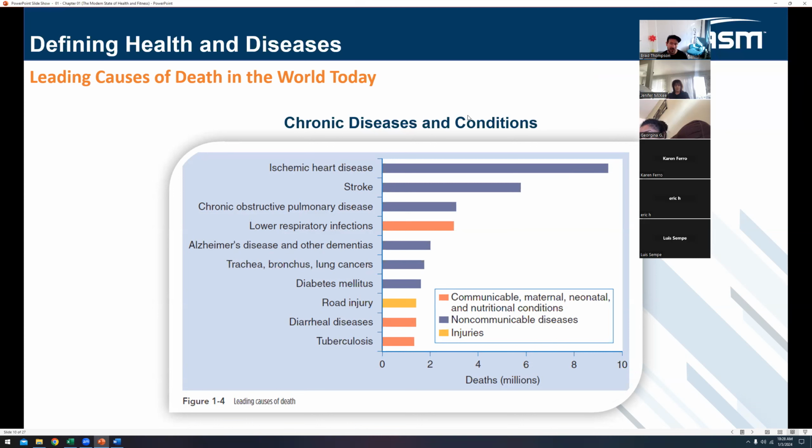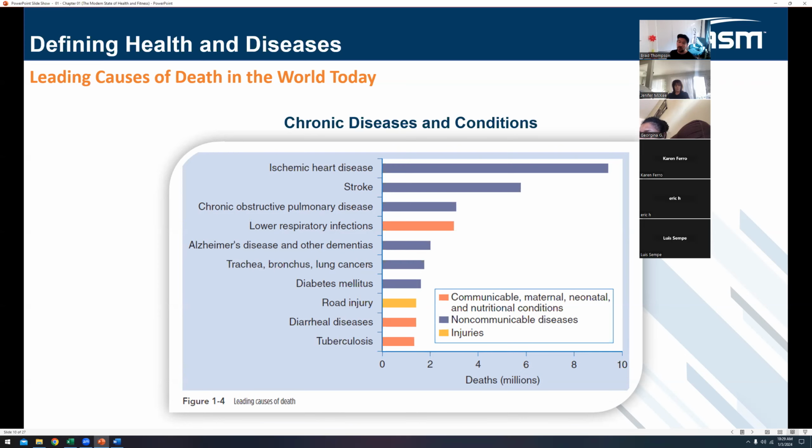Now, look at how many of these can be directly combated through diet and exercise, right? We see diabetes, COPD, stroke, and heart disease, all directly combated with a healthy diet and exercise program.